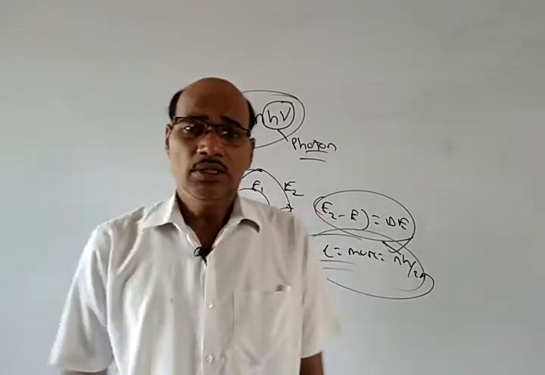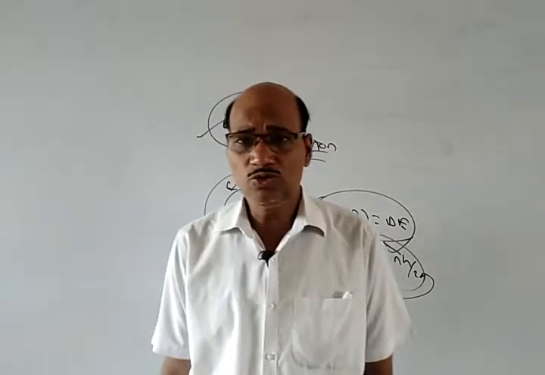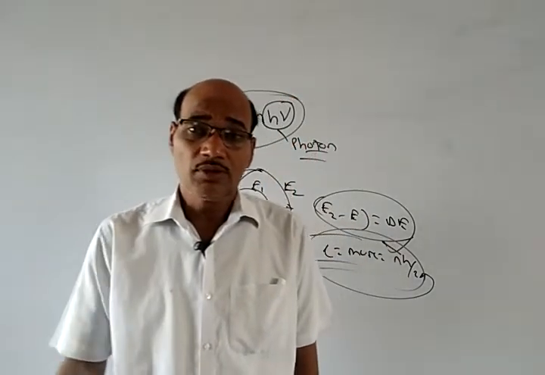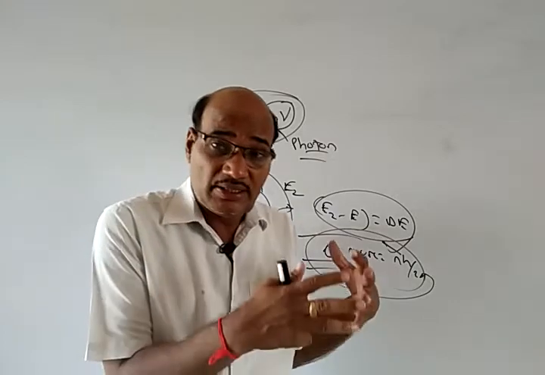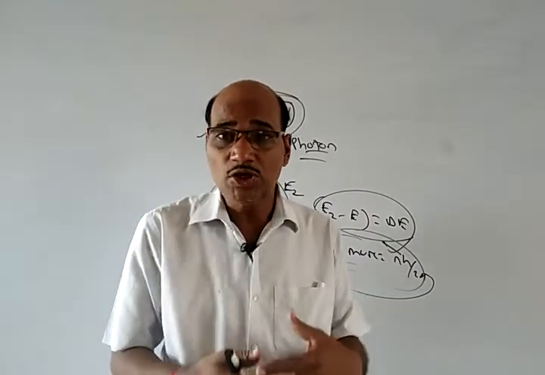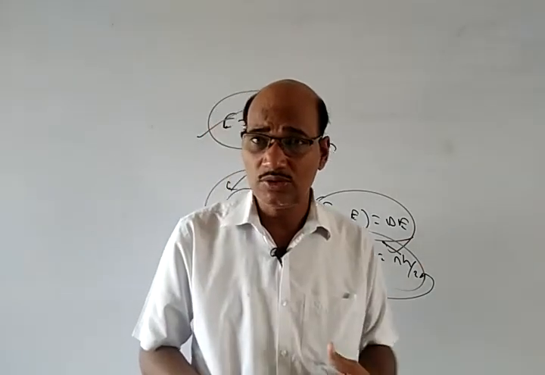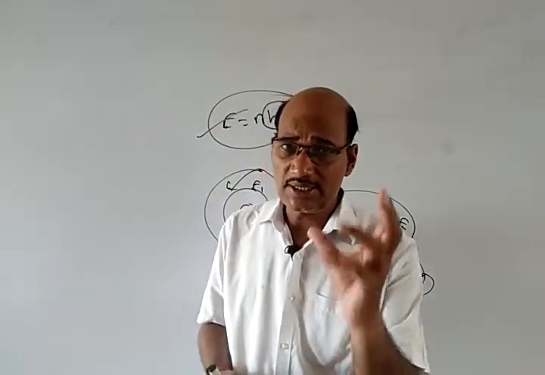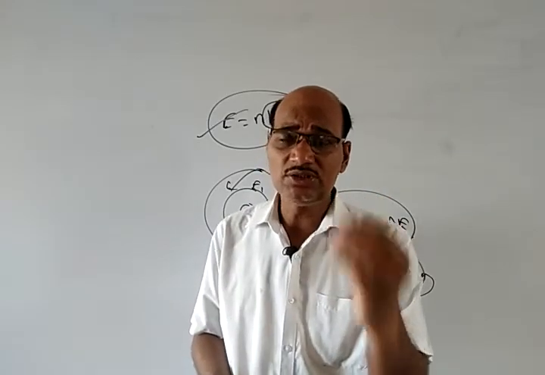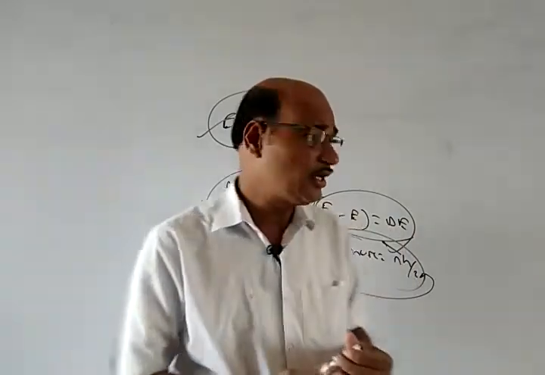Also, according to Bohr, the loss of energy is not continuous, it is discontinuous according to Planck's quantum theory, and the electron can emit only a certain amount of energy.